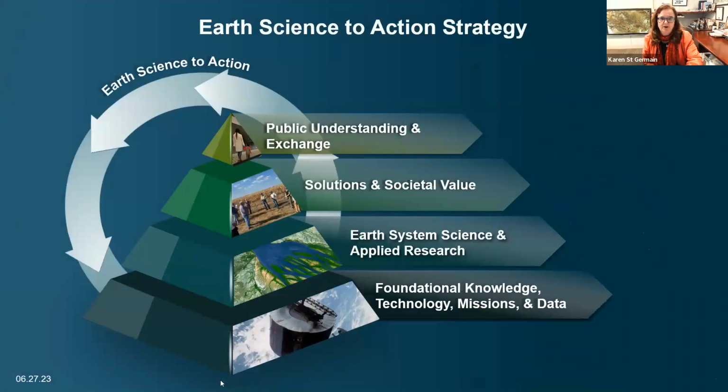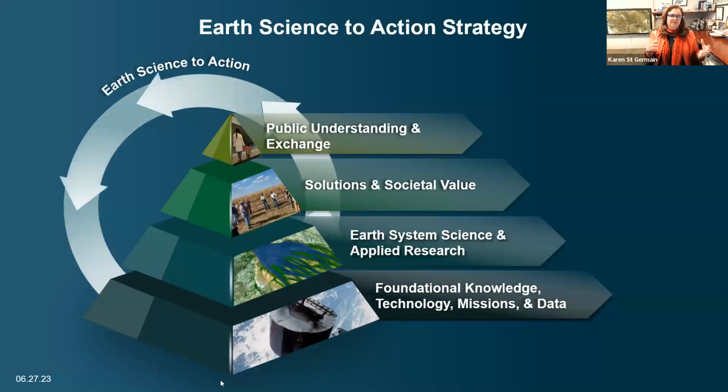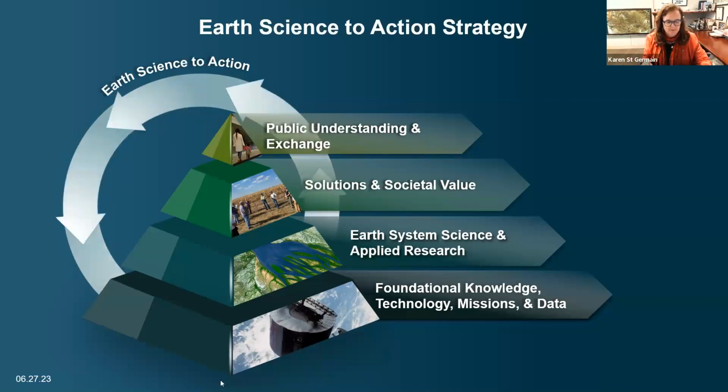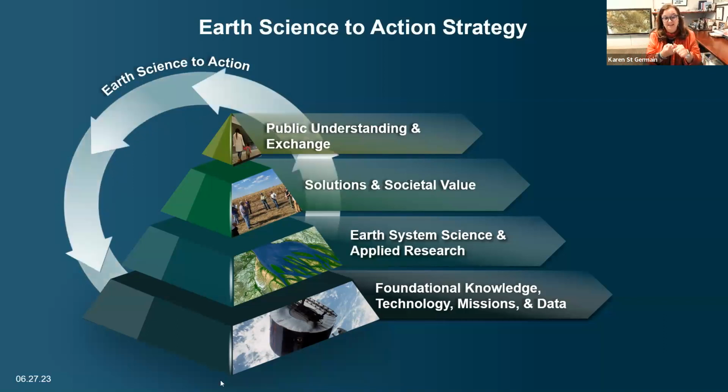But this gets to the heart of our NASA Earth Science strategy. It's the science to action strategy. Again, this is another way of looking at that value chain. On the bottom of the pyramid, the foundational knowledge, the observations, the technology that enables future observations, the missions, the data.